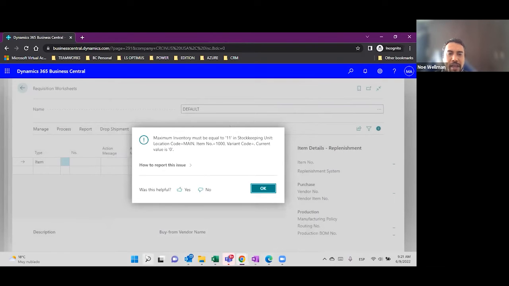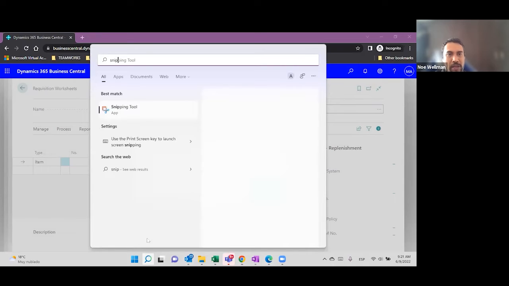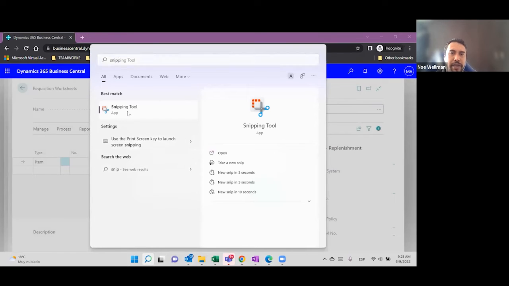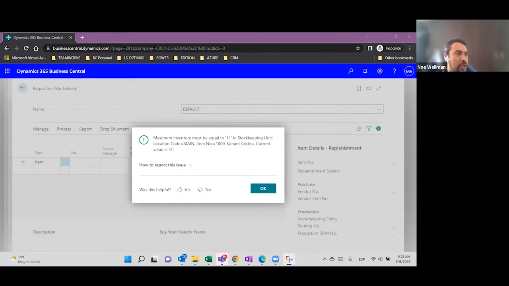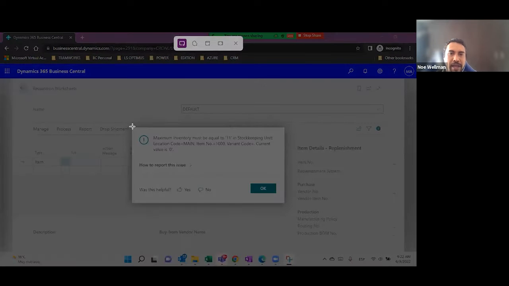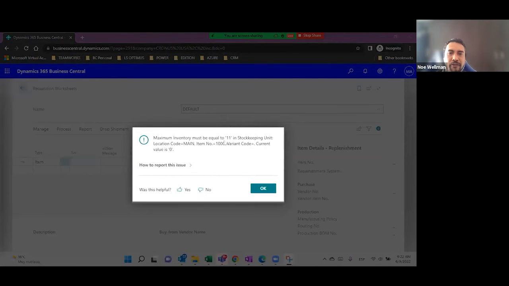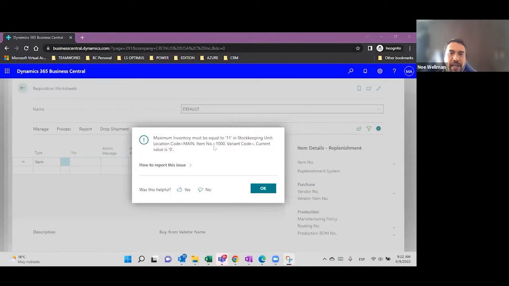Okay. And the good thing, now that you see this, is that it's not an error, it's actually an indication that something needs to be reviewed. Somebody configured an item for replenishing. This is telling me that item 1000 doesn't actually have stockkeeping units for one of our items, basically.